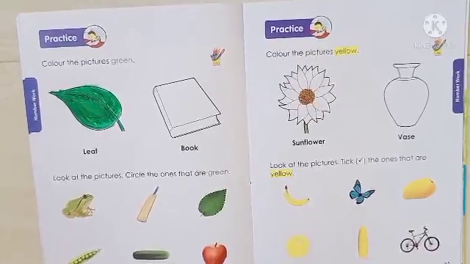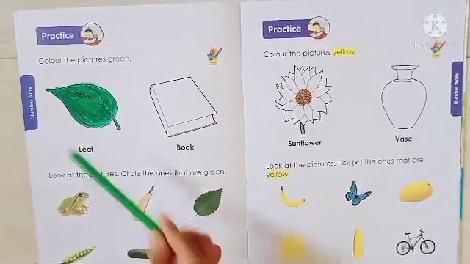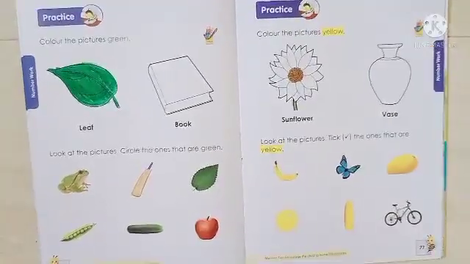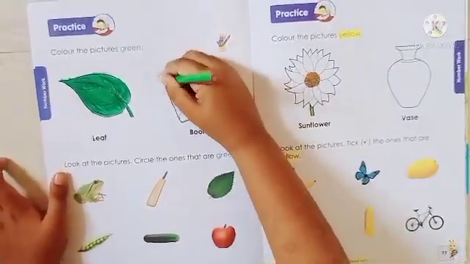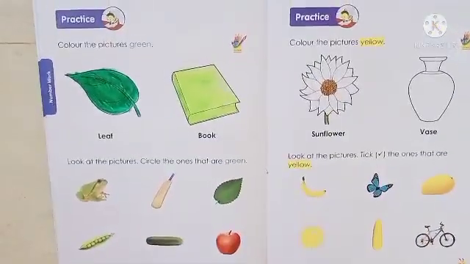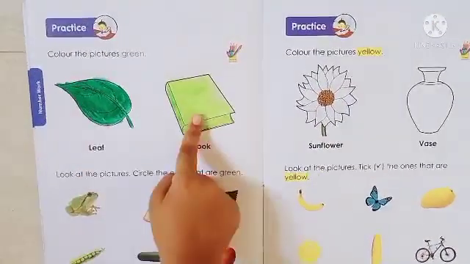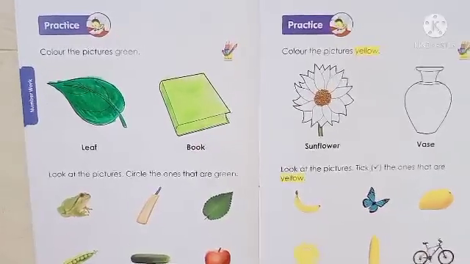Children, with this, we have finished one image. Now, let's color the book in green. Now, I have completed coloring both the images, leaf and book.